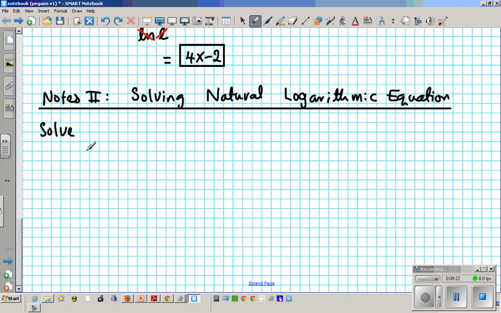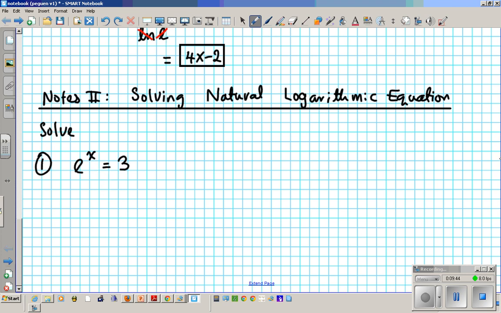Okay. Number 1, what would we have? e to the x equals 3. Now, how do we solve this? What is the opposite of e? The opposite of e is natural logarithm. So to get rid of this e, we're going to take the natural logarithm of both sides.